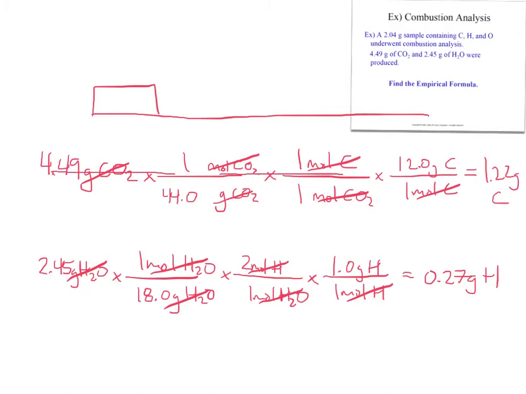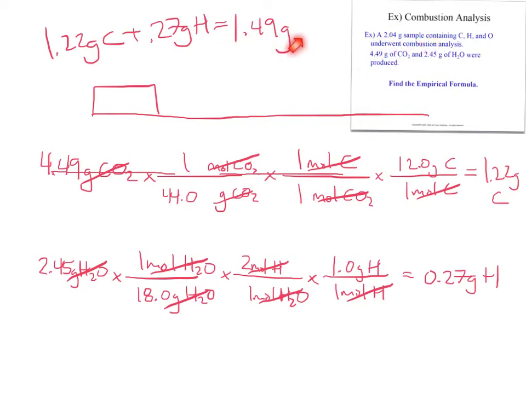It also contained oxygen, we can see in the question. So then how many grams of oxygen did it contain? Well, it had 1.22 grams of carbon, and it had 0.27 grams of hydrogen. So the hydrogen and the carbon made up 1.49 grams of the molecule. But our sample weighed 2.04 grams.